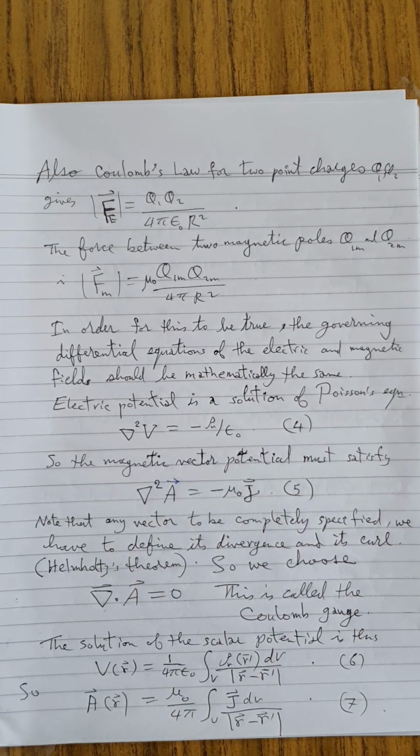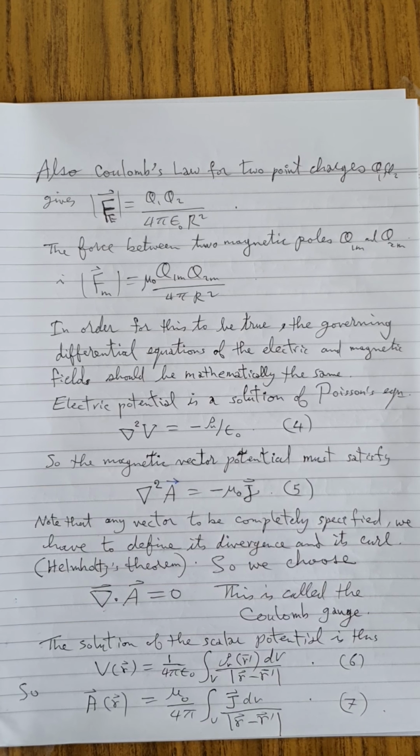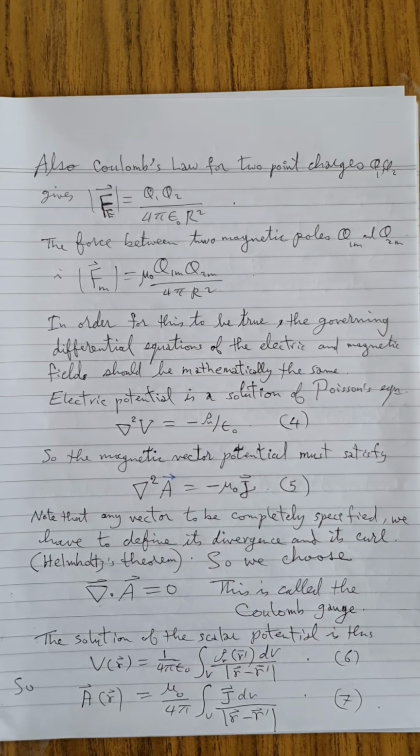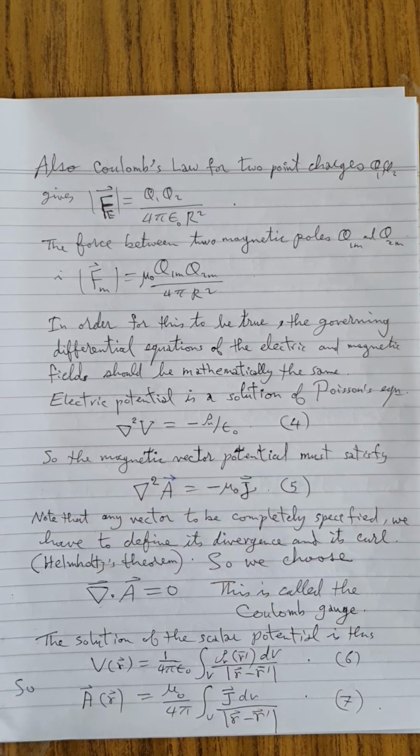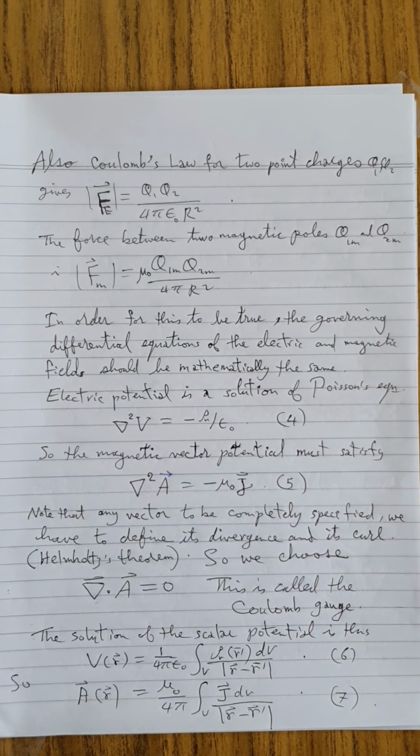For any vector to be completely specified, this is Helmholtz's theorem, we need to specify both the divergence and the curl of the vector. Since the curl is specified by curl A equal to B, we choose the divergence to be 0, divergence A equals 0.